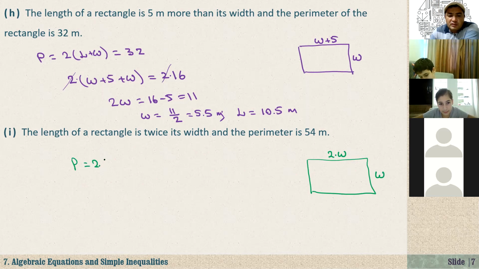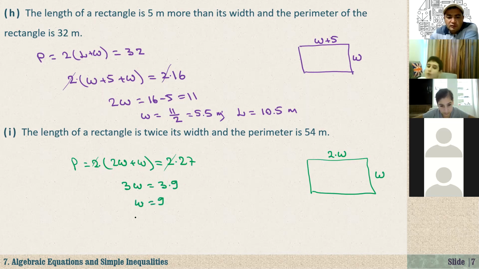Perimeter is 2 times length plus width. Length equals 2W, and width is W. So that's equal to 54, which is equal to 2 times 27. These two cancel each other. 2W plus W is 3W. On the right-hand side, we have 3 times 9. And what is W? W is equal to 9. If W is equal to 9, the length of the rectangle is 18.